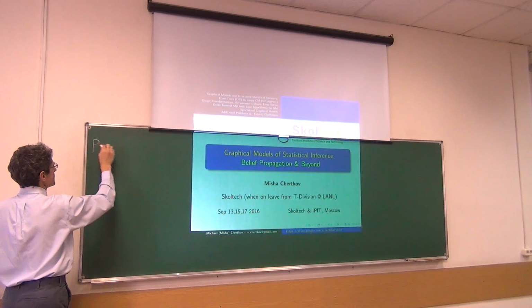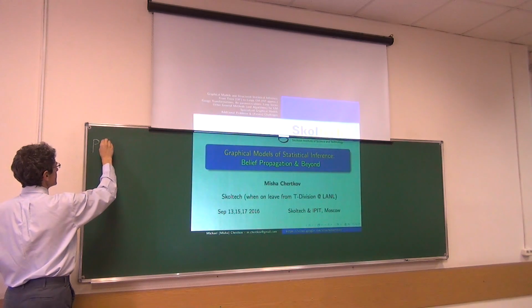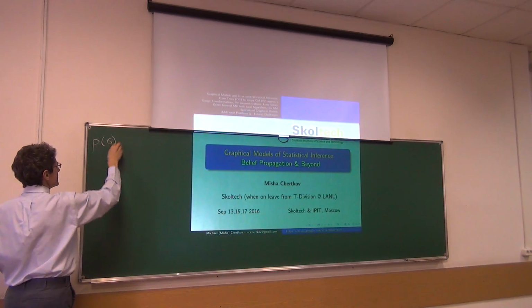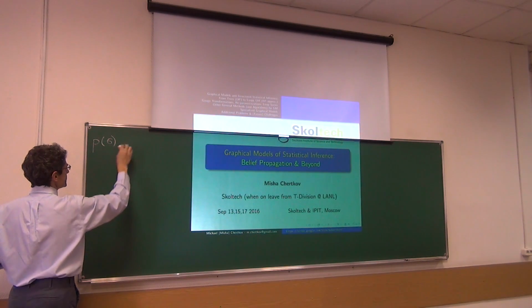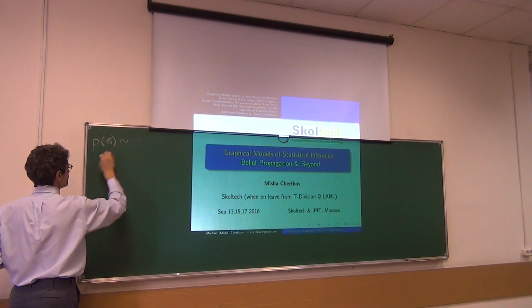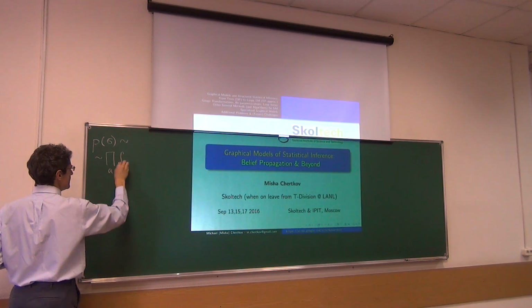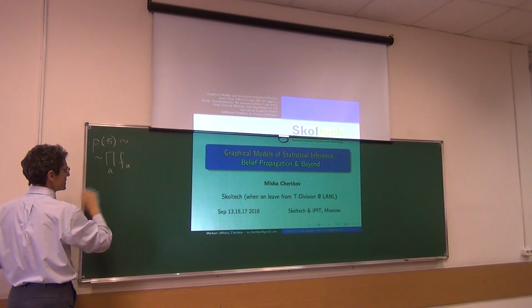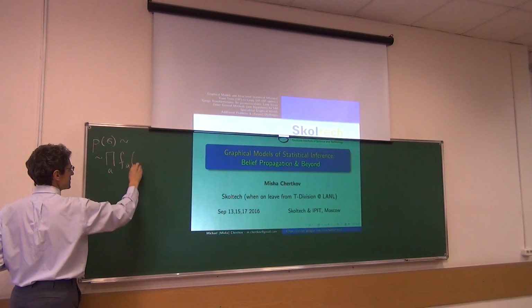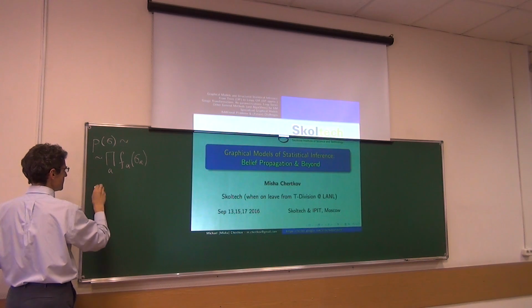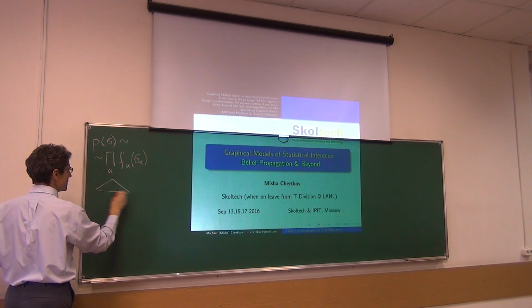In my basic notation, I was discussing the probability of a state sigma, and I was writing it in a factorized way. Factorization means that it's a product of functions, and my functions work on vertices of a graph.